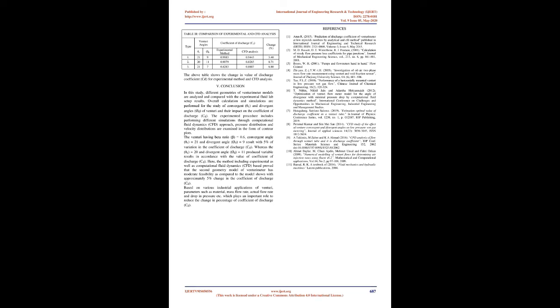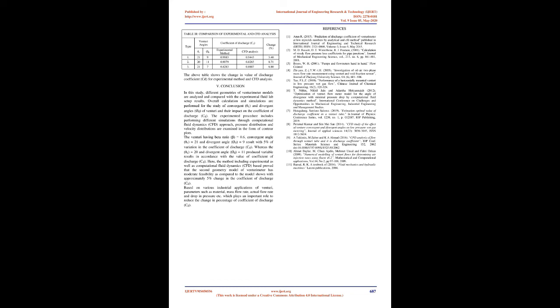Whereas θC equals 20 and divergent angle θD equals 11 produced variable results in accordance with the value of the coefficient of discharge, CD. Here, the methods, including experimental as well as computational fluid dynamics, CFD, proved that the second geometry model of the Venturi meter has moderate feasibility as compared to the model shown, with approximately 5% change in the coefficient of discharge, CD.